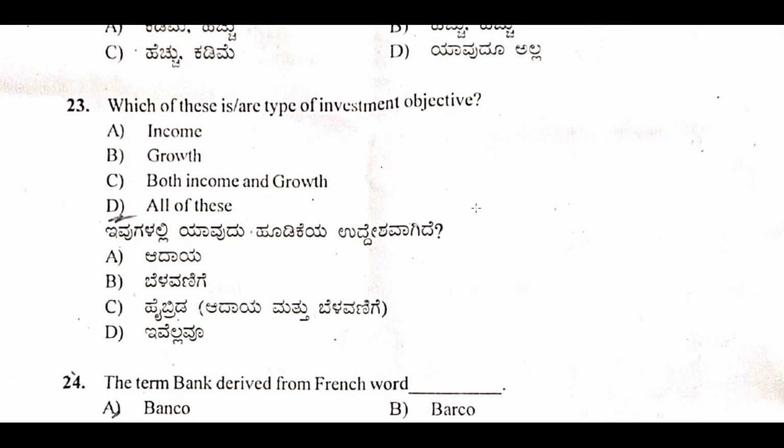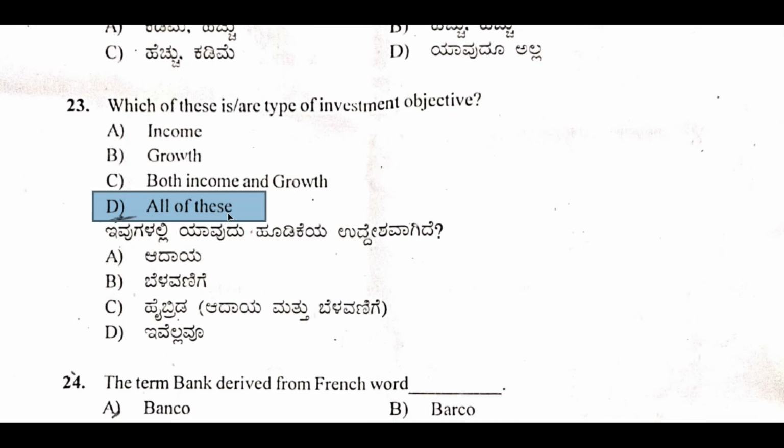Both income and growth you can go for, actually there should be none of these. Option D should be none of these, but it is given as all of these. As per the above options, income is a type of investment objective, growth is also a type of investment objective, and both income and growth is also given. So you should go with all of these, option D.